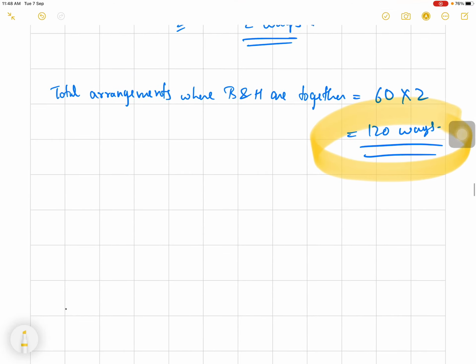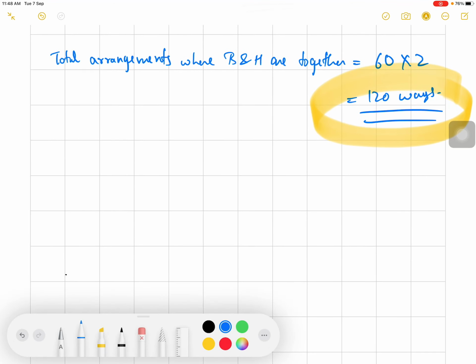Correct? So let us write the final answer.